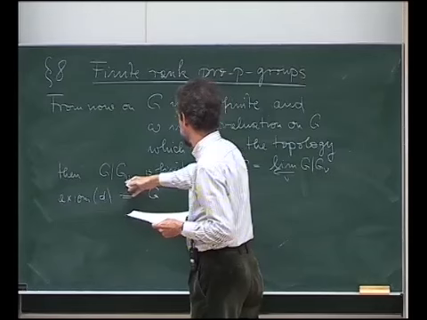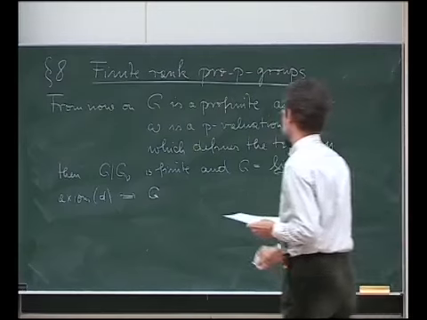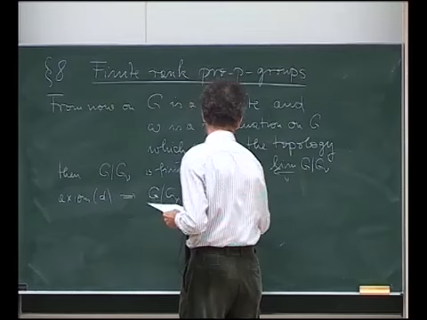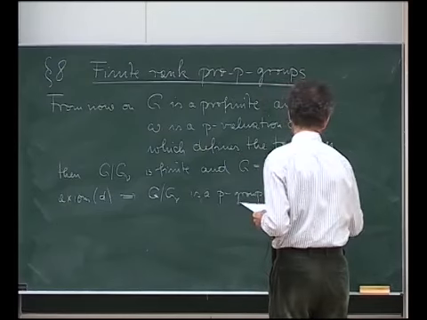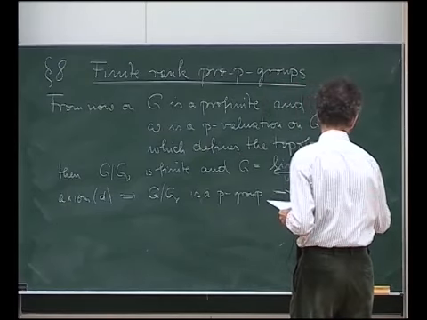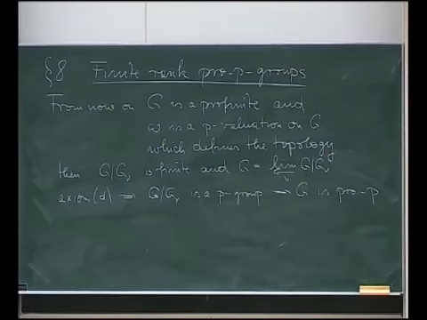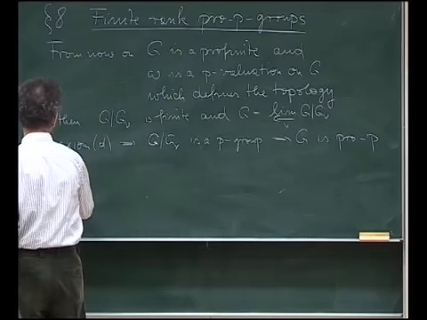And actually, of course, the axiom D implies that by raising to the pth power over and over again, I can make the omega value arbitrarily large. So these are all p-groups. So it follows that G is necessarily pro-p.